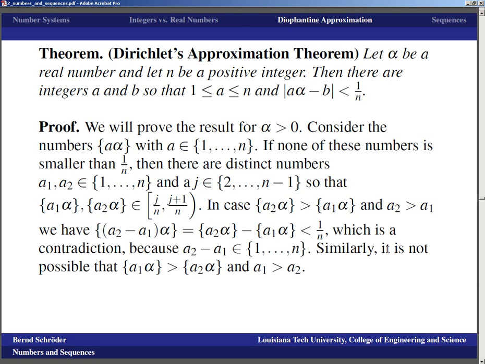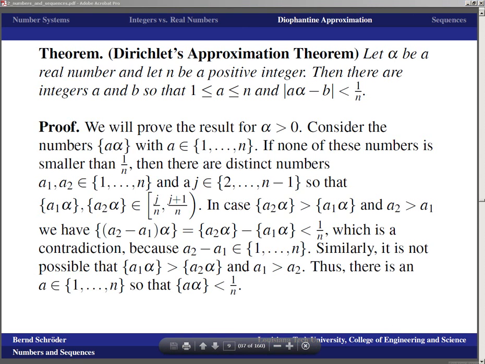Similarly, it's also not possible that a1 alpha is greater than a2 alpha and a1 is greater than a2. And so that means that we must have an a between 1 and n so that the fractional part of a alpha is smaller than 1 over n.